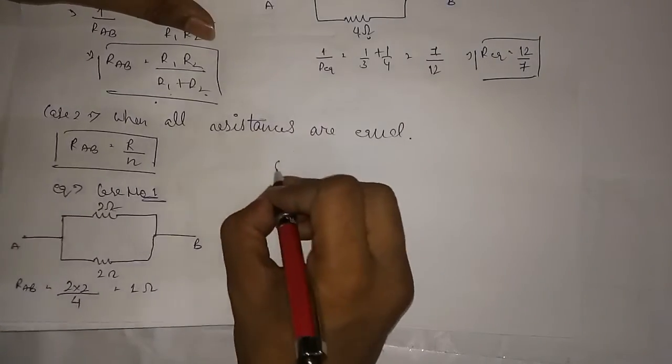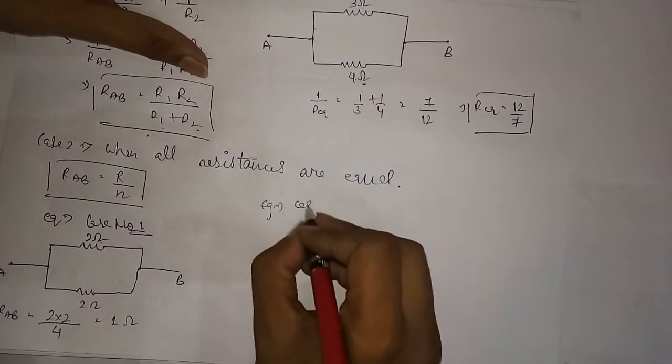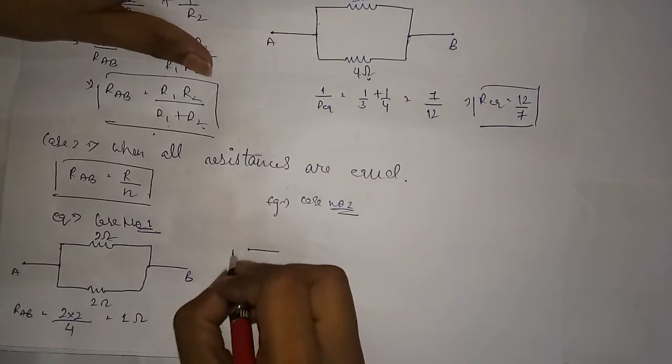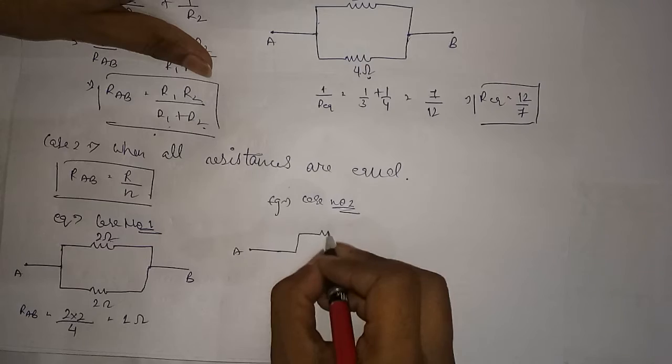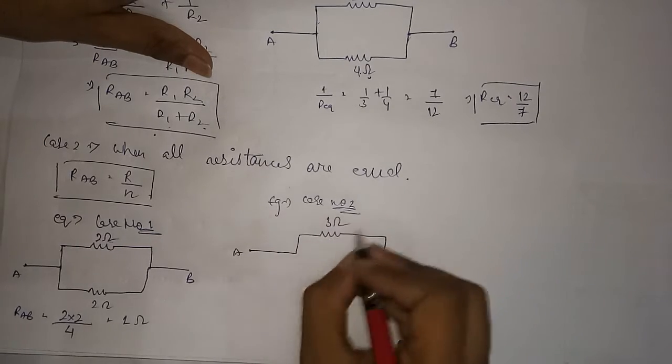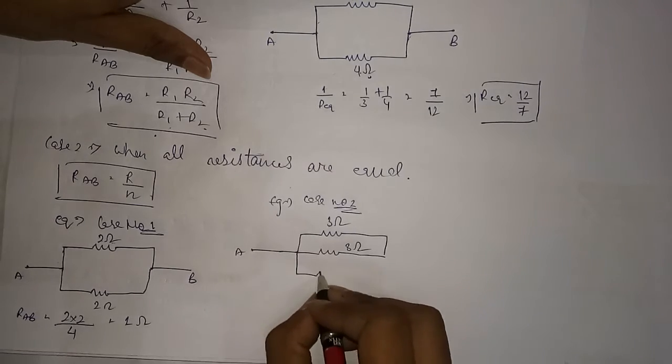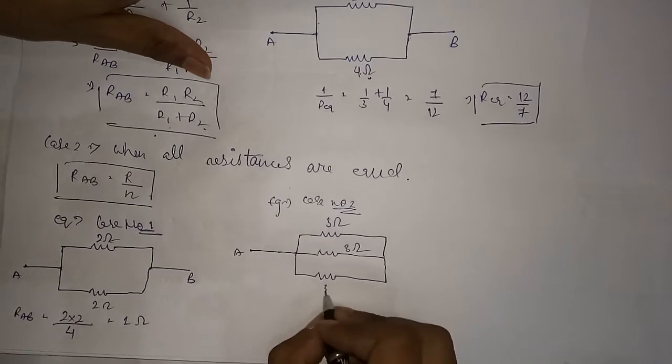Now example of case number 2. This is our point number A. This is a 3 ohm resistor. This is a 3 ohm resistor, and this is also a 3 ohm resistor.